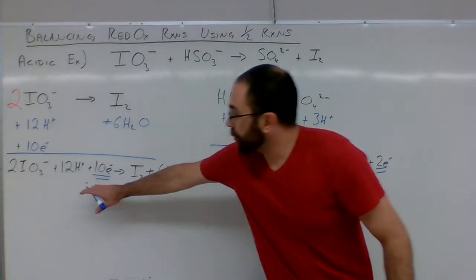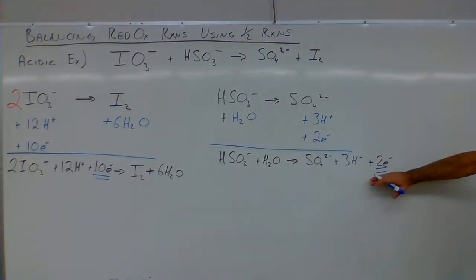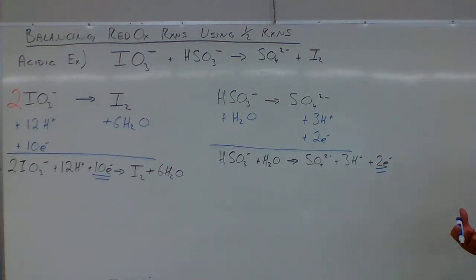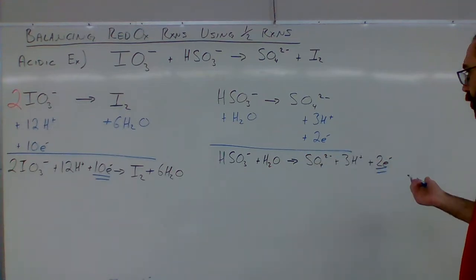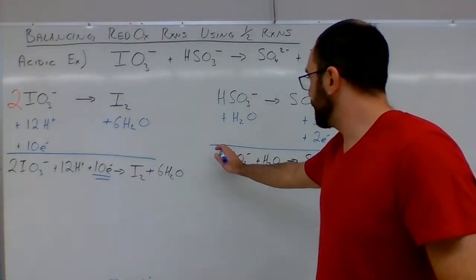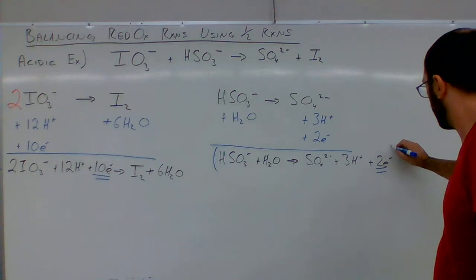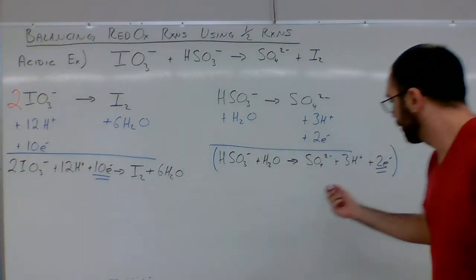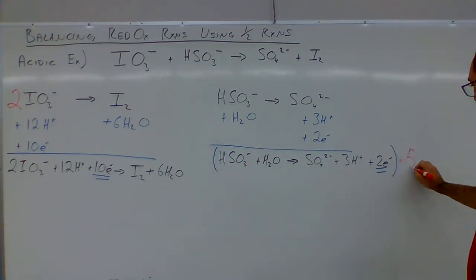We'll notice that we've got the electrons on the reactant side here and electrons on the product side here, so that is one quick double check to make sure we've done things properly. But I've got to balance out those electron transfers, so that means I'm going to take this entire equation and times it by 5.